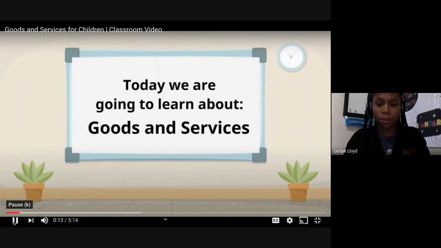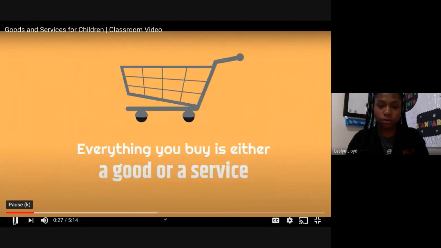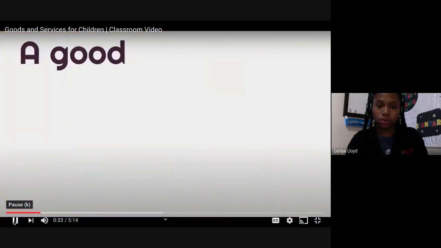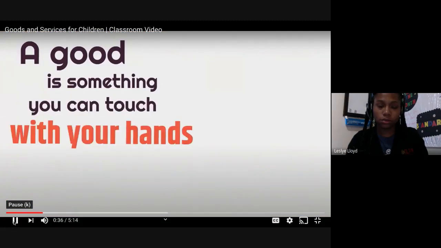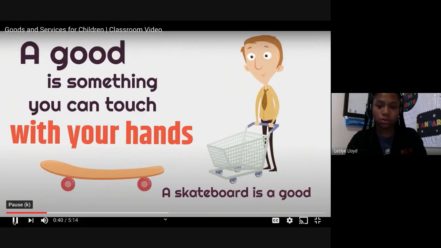Today we are going to learn about goods and services, what goods and services are, and how to tell the difference. The first thing we need to understand is that everything you buy is either a good or a service. A good is something you can touch with your hands, like a skateboard. A skateboard is a good.